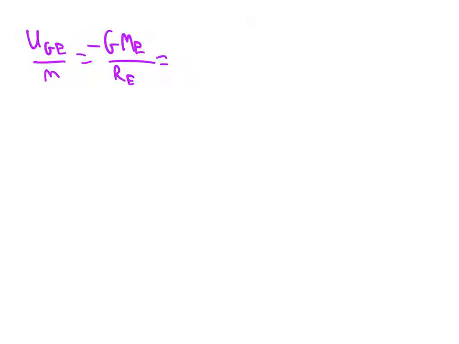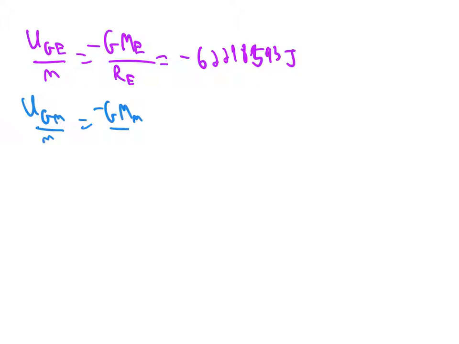Likewise, the potential energy from the Earth divided by the mass ends up being minus G M_Earth over the radius of the Earth, which has a value of minus 62,218,593 joules. And similarly, the potential energy due to the Moon at this distance is minus G mass of the Moon over, and remember this was the distance minus the radius of the Earth.